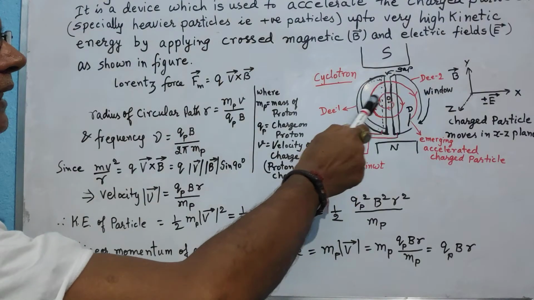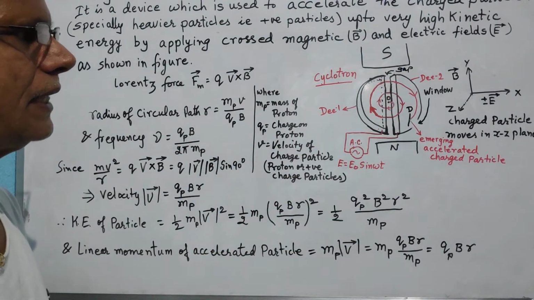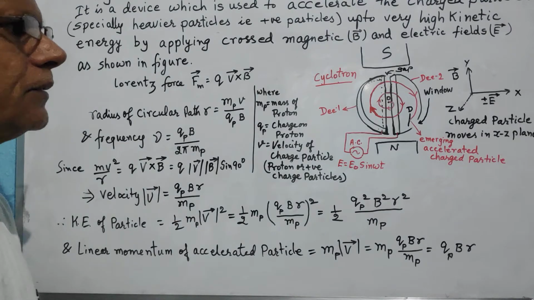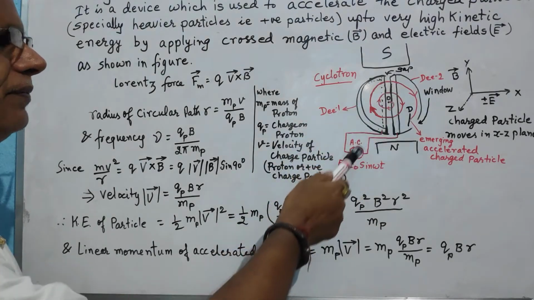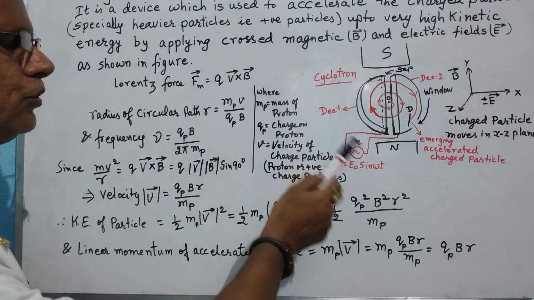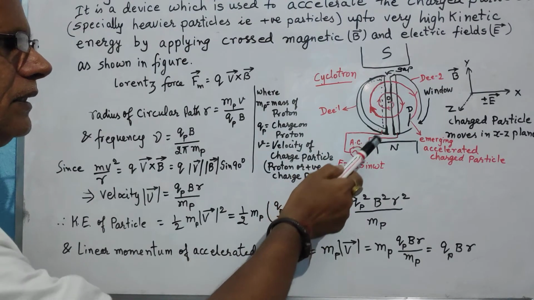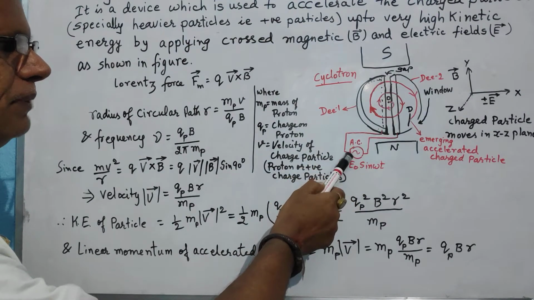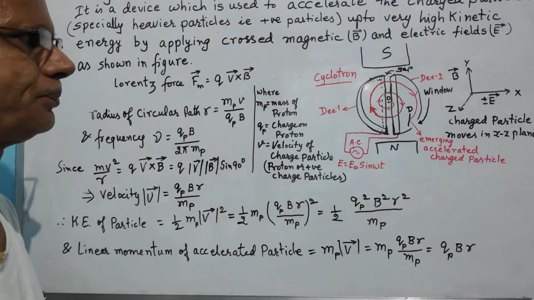Once it again reaches the gap between the two D's, again it finds a favorable field due to the alternating EMF applied by the alternating source.